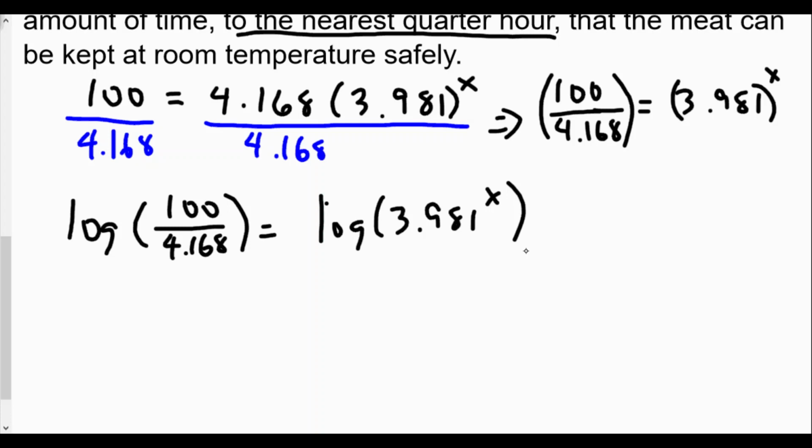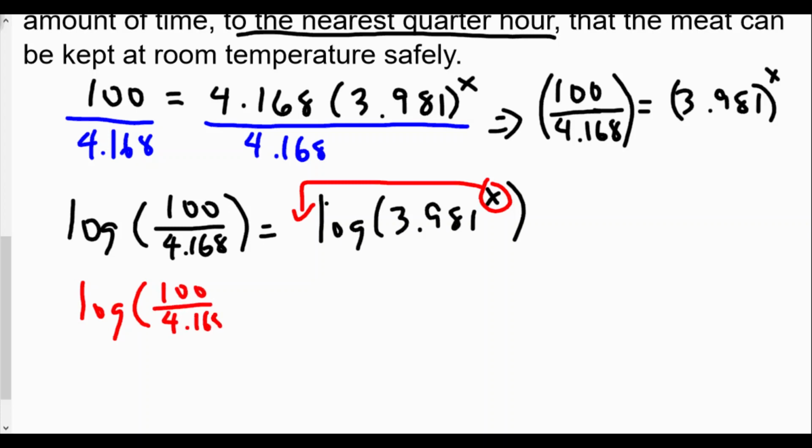The reason we do logs is because there's a rule we can only use for logs called the power rule, which allows us to bring this exponent down to the front of the log. So now we have the equation: log of 100 divided by 4.168 equals x times the log of 3.981.